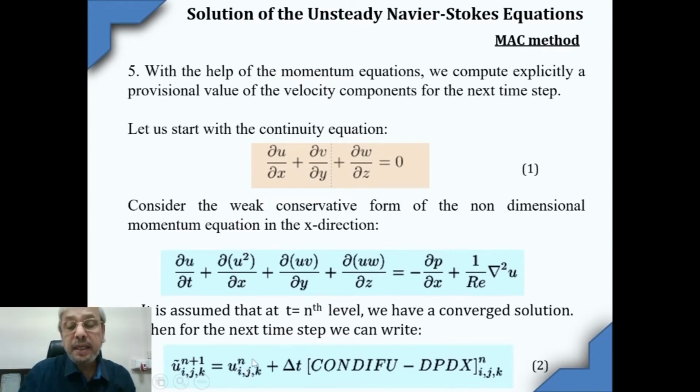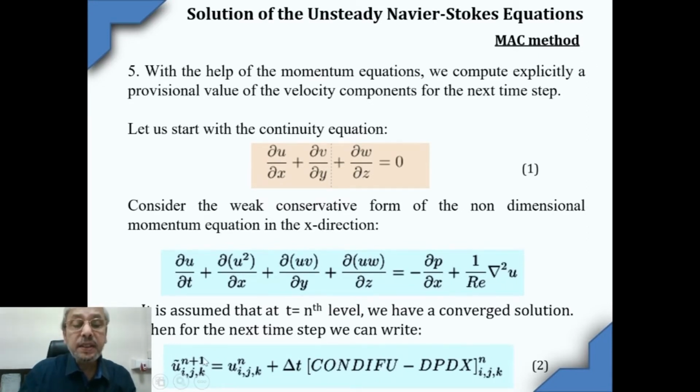And as I said, when we calculate this way, this velocity is the projected velocity at the n plus 1th level, but not really the final velocity at the level n plus 1. Why, I will explain shortly.